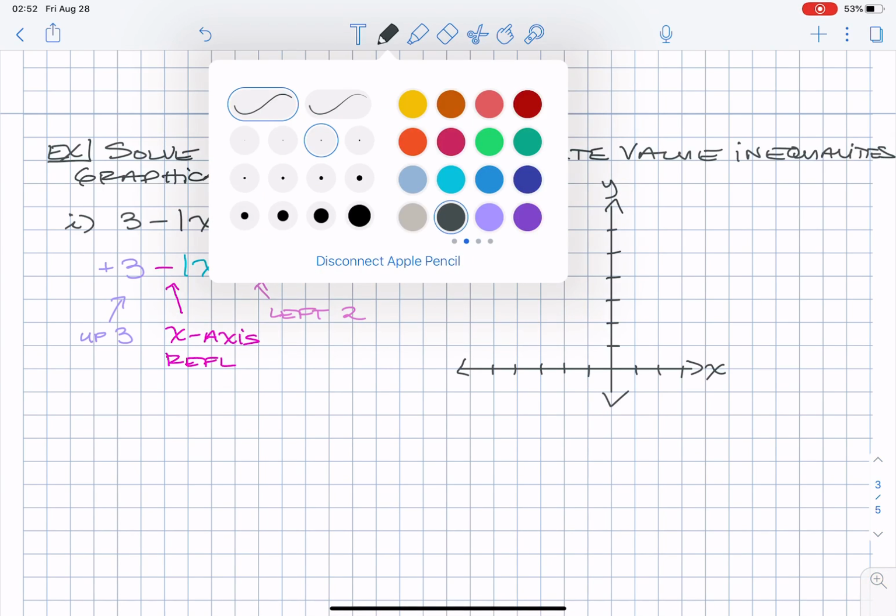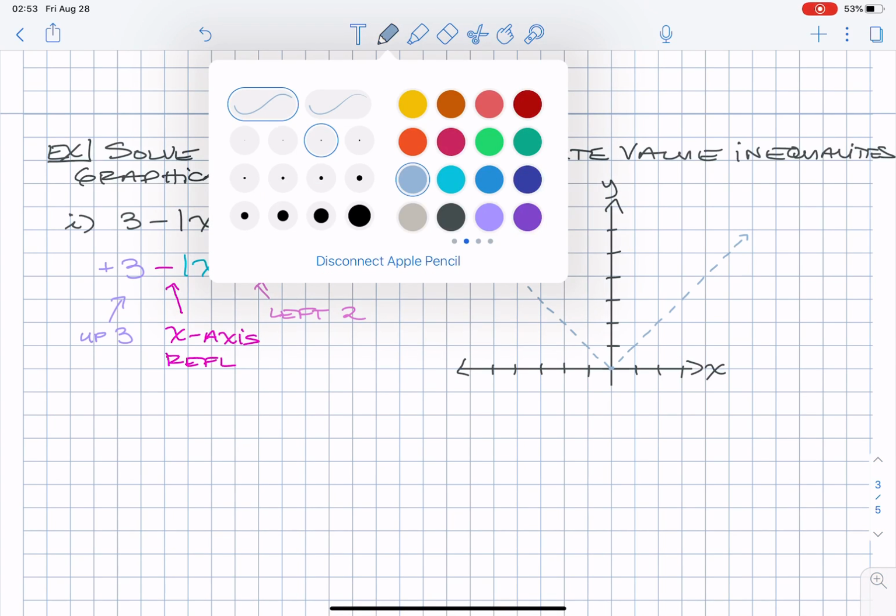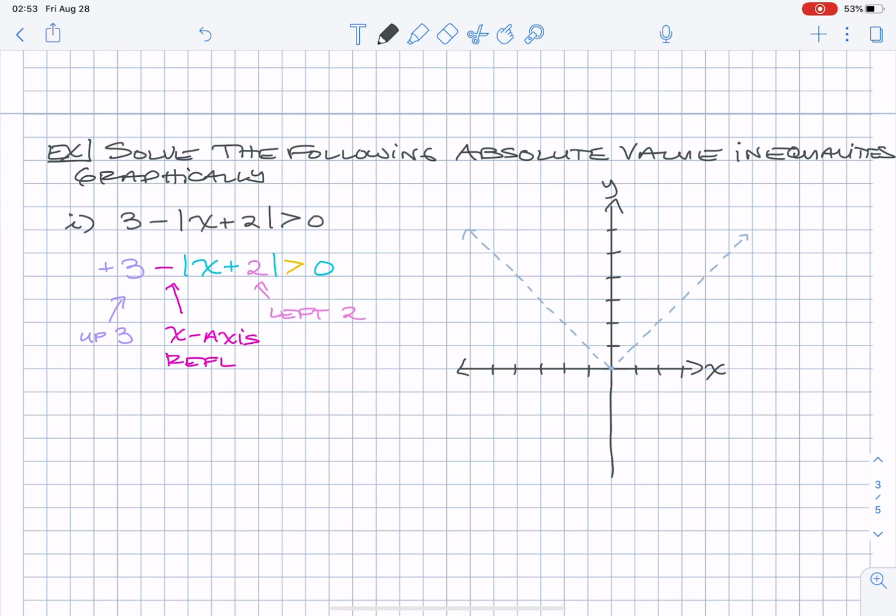Okay, so I know that normally the absolute value graph is a V. But I'm doing a whole bunch of things to this V shape, aren't I? In fact, I probably need to leave myself a little bit more down here. I'm only going up 3.